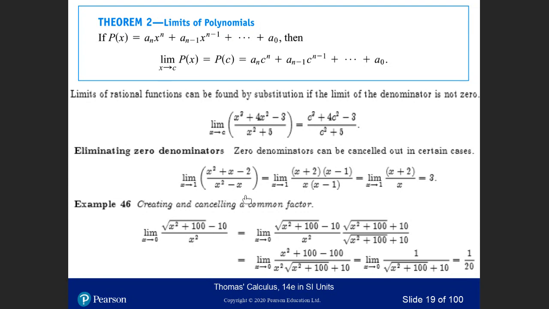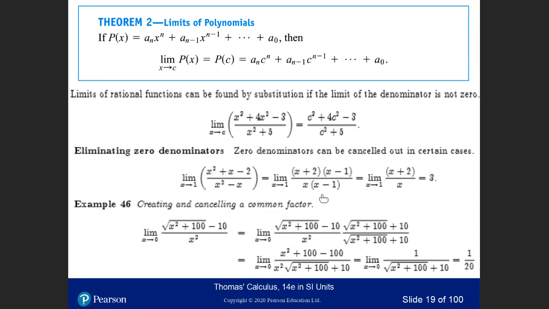In certain cases, there might be a problem in the denominator polynomial. Here, what you can do is see if you can cancel out the zero denominator. You can factorize this as x times x minus 1, and the upper part is x plus 2 times x minus 1. So x minus 1 cancels out. As long as x is not equal to 1, you don't have a problem canceling x minus 1. When x is equal to 1, you cannot cancel it.